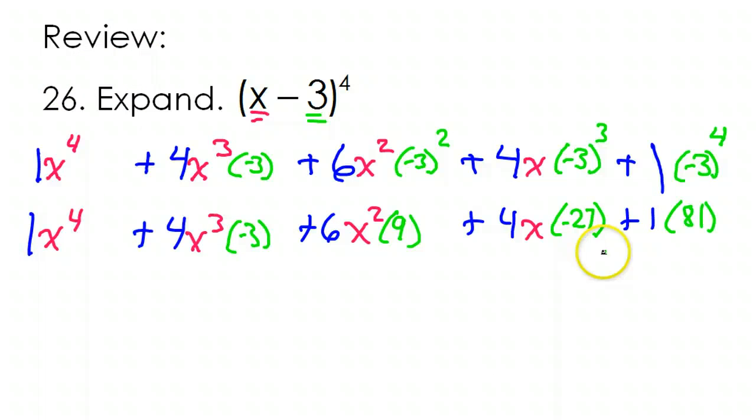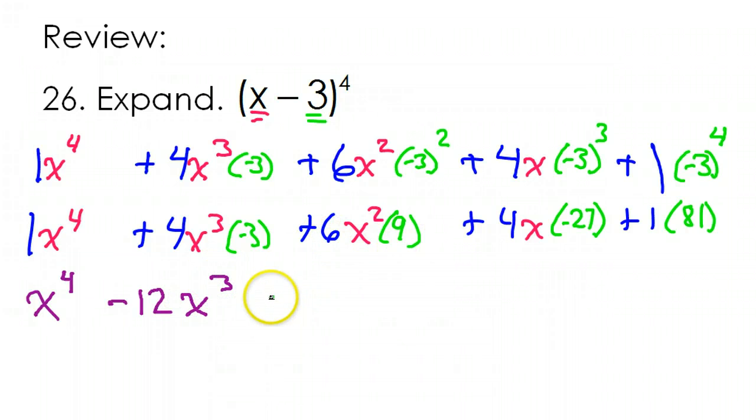So now we can go ahead and write the final answer. From this term, we will have x to the fourth power. 4 times negative 3 is negative 12, so we'll have negative 12x to the third power. 6 times 9 is 54, so we will have 54x squared. Now, here we have 4 times negative 27.